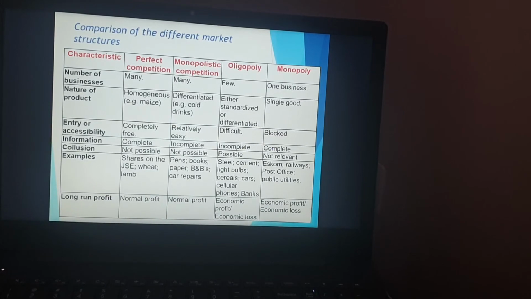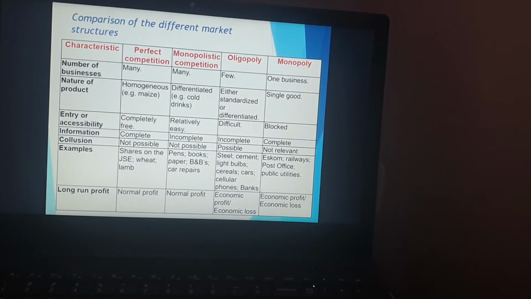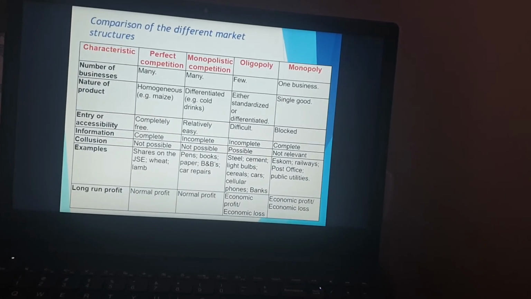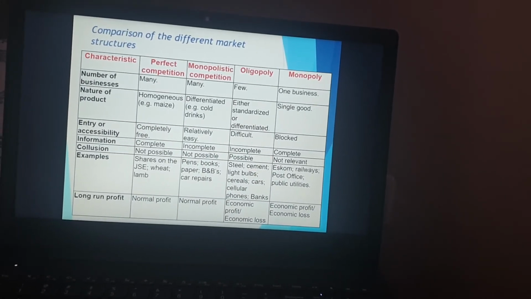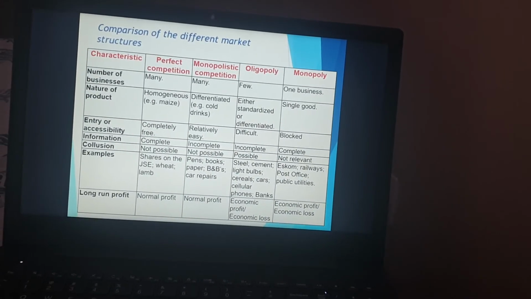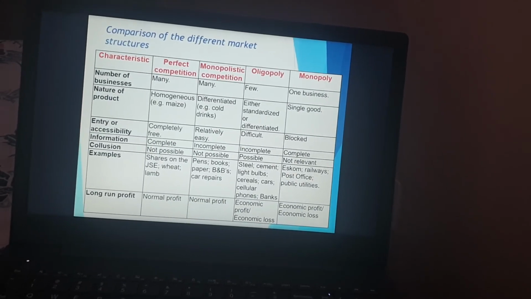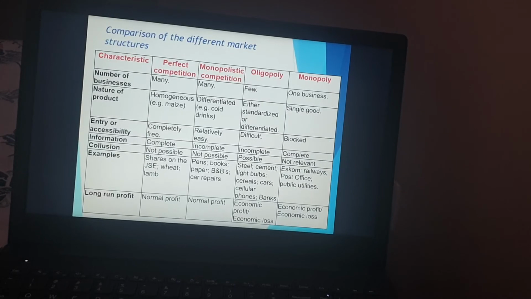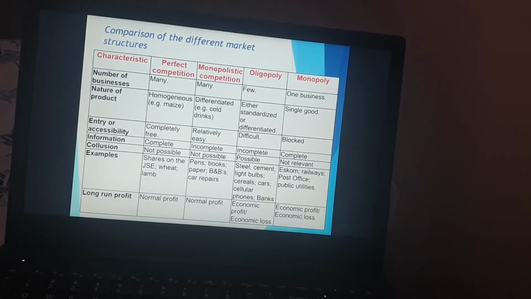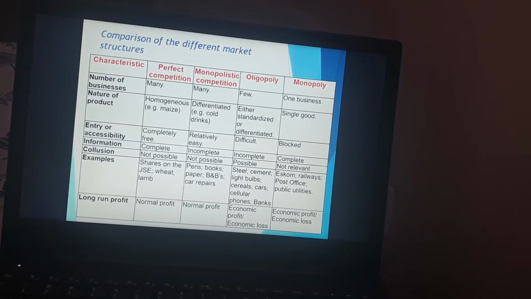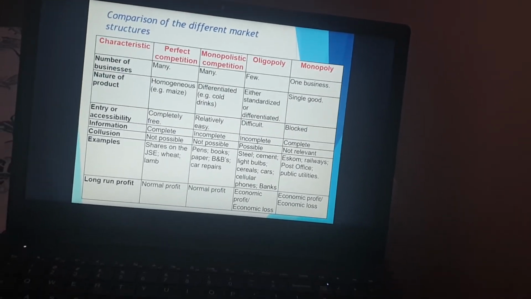Long run profits. Remember earlier on in my lesson yesterday, I referred to a profit being made on the long run or on the short run. Normally on the long run, it is a normal profit if it is applicable. Otherwise, on the short run, it's an economic profit and an economic loss.